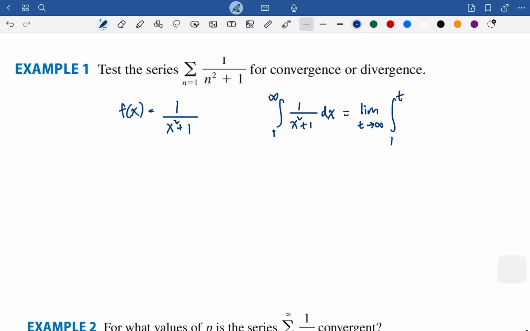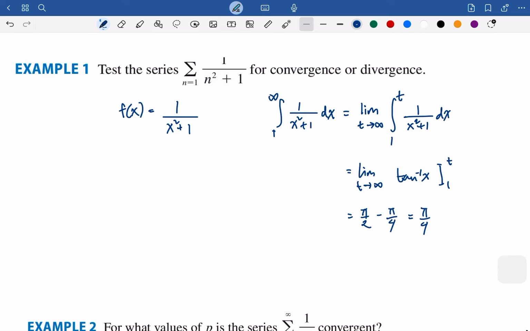This is just to help us compute the integration. This integration becomes tangent inverse x from 1 to t, and we know that this will be equal to pi over 2 minus pi over 4, right? Because tangent inverse of infinity is pi over 2, and tangent inverse of 1 is pi over 4, which we can conclude is a convergent improper integral.